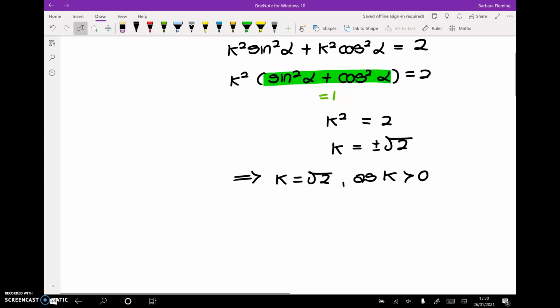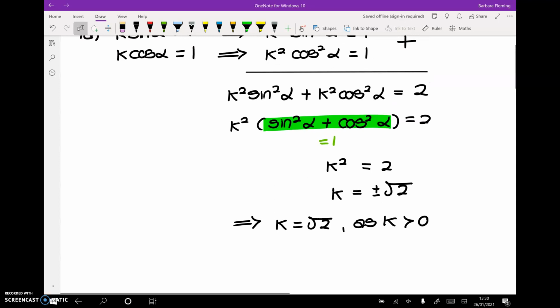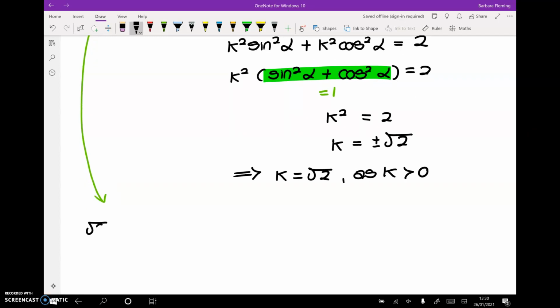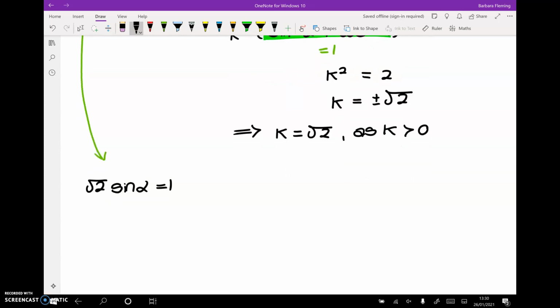Okay, then from here, I'm going to take our first equation that we started off with. Instead of writing k sine alpha equals 1, I can now put in root 2. So root 2 sine alpha equals 1, and we've got an equation solving for our angle. Sine of our angle equals 1 over root 2.